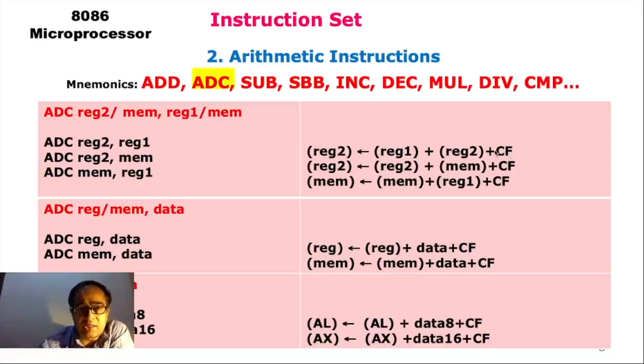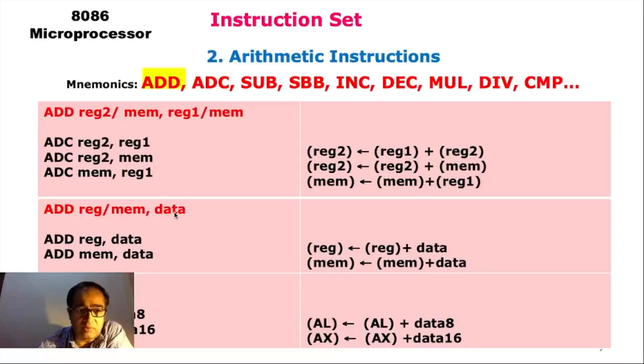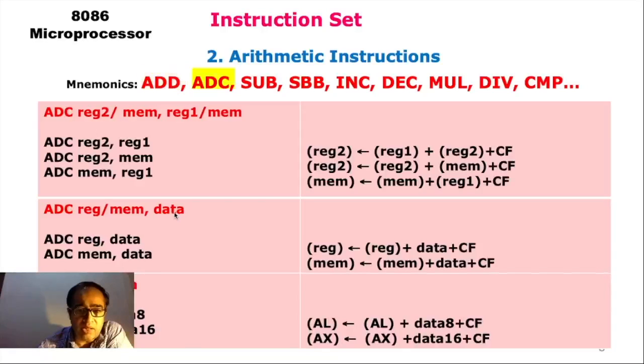The carry flag is like adding the value of the carry, so ADC is adding that value. The only difference from here to here is that we are adding an extra carry. This is the extra carry that we are adding.